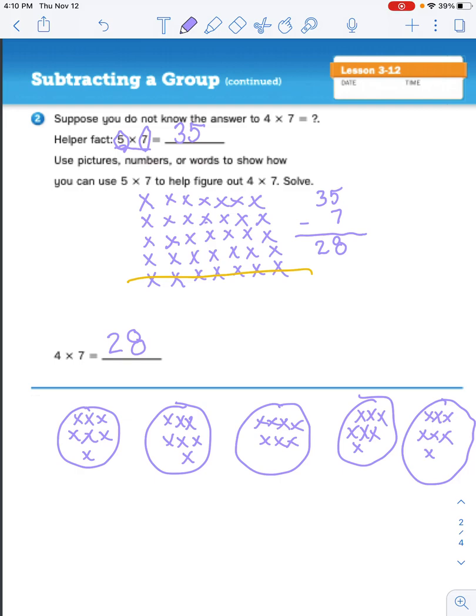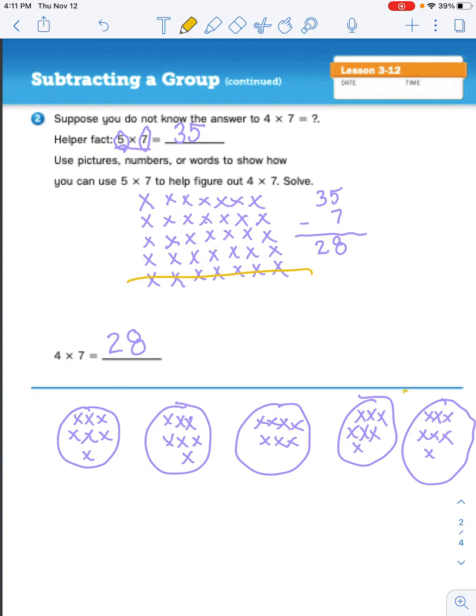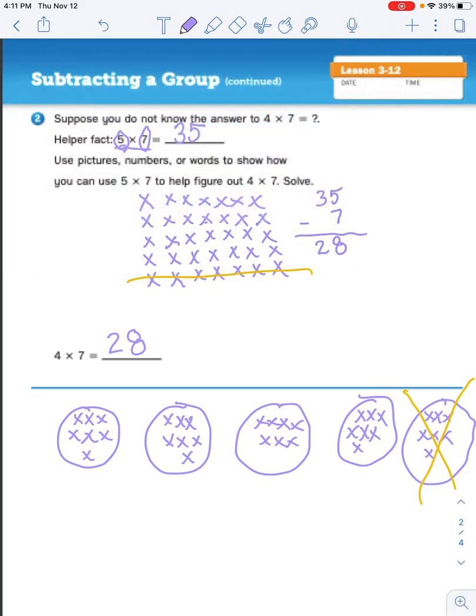Now I'm going to take away one group because I want to actually find the answer to 4 times 7, not 5 times 7. I'm just using 5 times 7 as a helper. So I'm going to cross out one of these groups. Make sure you cross it out in a different color so you can clearly see what the picture represents. I can see it used to be 5 times 7, but now it's 4 times 7 since I crossed out one group.